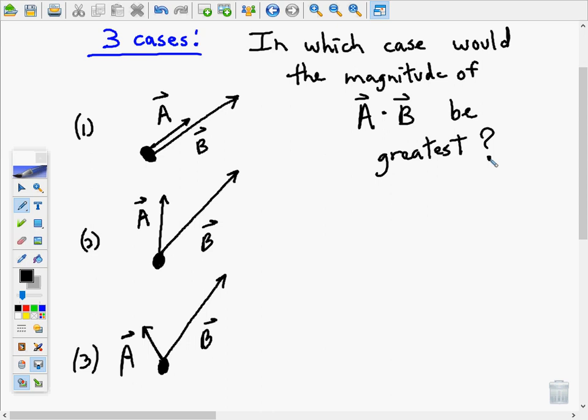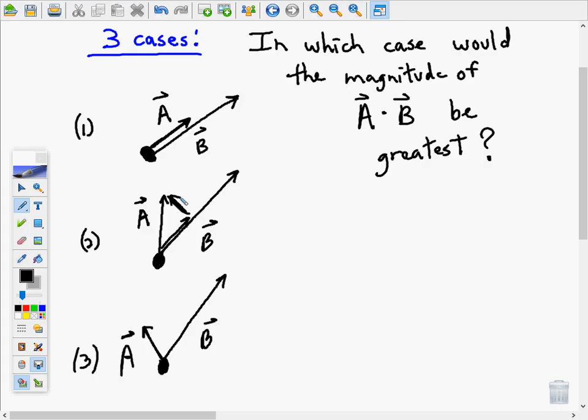You see, here, all of vector A is parallel with B. So you would take all of A and multiply it by B to get the dot product. But here, you would have to break vector A down into parts. Part of A goes here, and part of A goes up that way, yes?